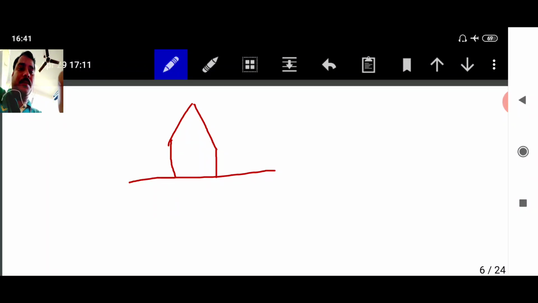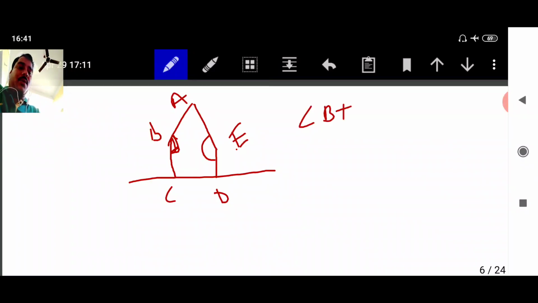This is the figure: A, B, C, D and E. Okay, this angle B and this angle E, these are x. Angle B equals x, angle E equals x.